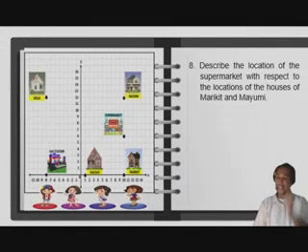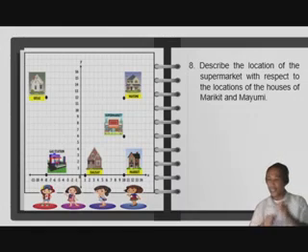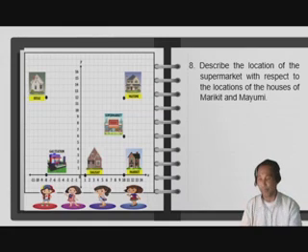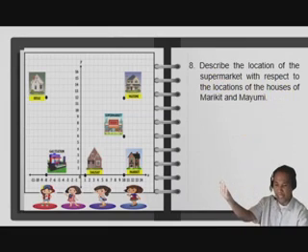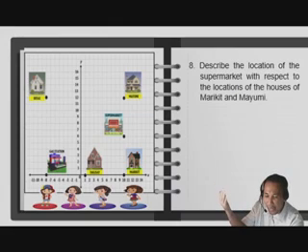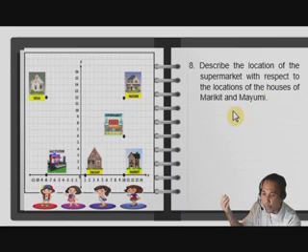Number 8. Describe the location of the supermarket with respect to the location of the houses of Marikit and Mayumi. So, how are we going to do that? Okay, saan ba yung supermarket? This is the supermarket, yung nasa gitna. So, what is the coordinate for this point? We have 10, 6. Again, 10, 6. And yung houses ni na Mayumi and Marikit, okay, ito siya. Ano po yung location ng supermarket?